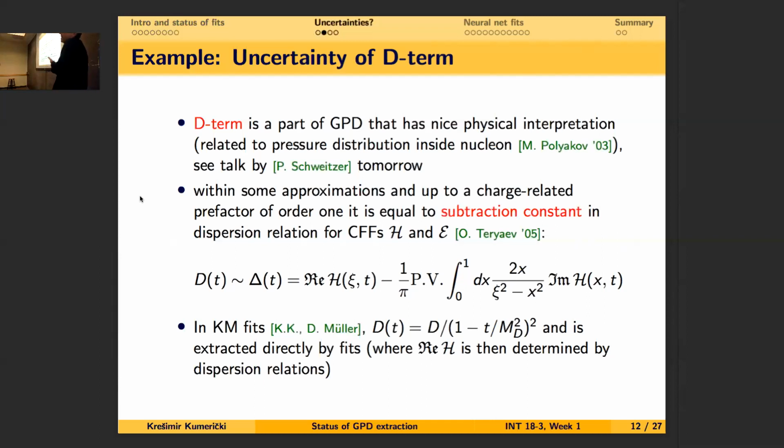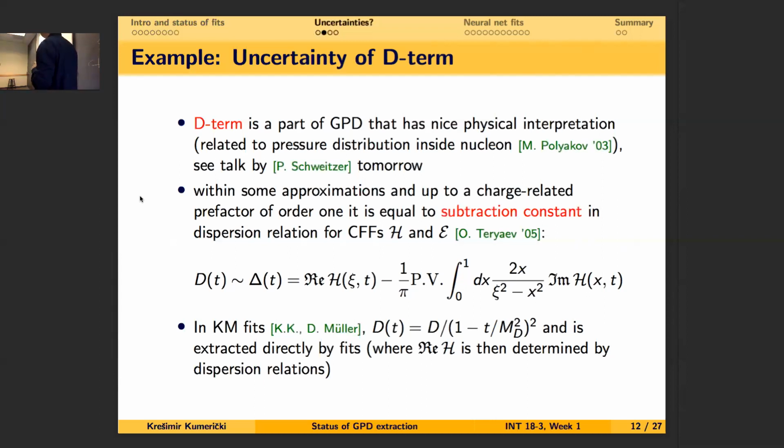And now I think we have this third thing, which was always there, but is now really coming into focus, the D term, which has this nice physical interpretation related to the pressure distribution inside the nucleon, but we will have a talk tomorrow by Peter Schweitzer about it, so I'll not go into that.